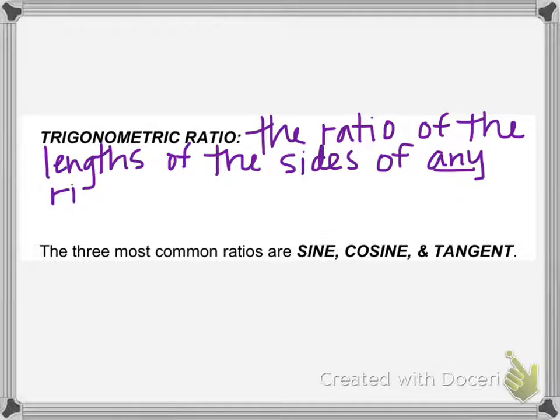So we're not talking about special types of right triangles anymore. And these ratios are related to one of the two acute angles in the right triangle, and I'll explain what that means. But you might just want to write yourself a note related to the acute angles.